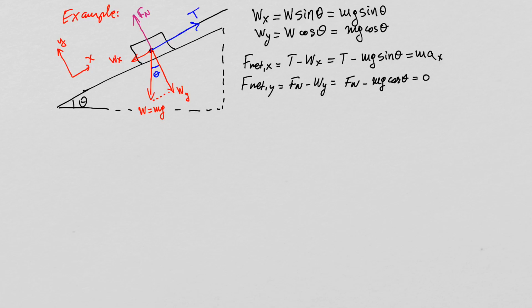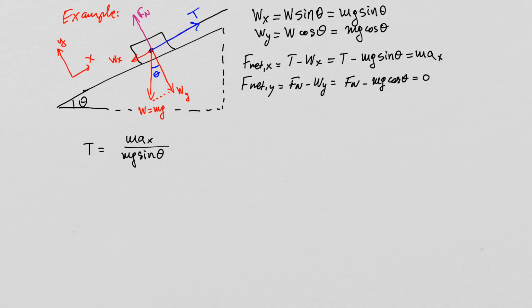So from here I can write expressions for the force of tension. So the tension is simply equal to max plus mg sine of theta. So if I know the acceleration ax, I could calculate the tension. Similarly, I can also calculate the acceleration if I knew the tension.